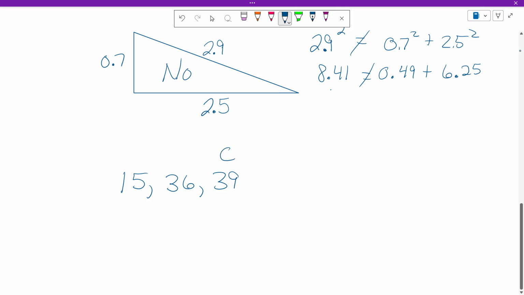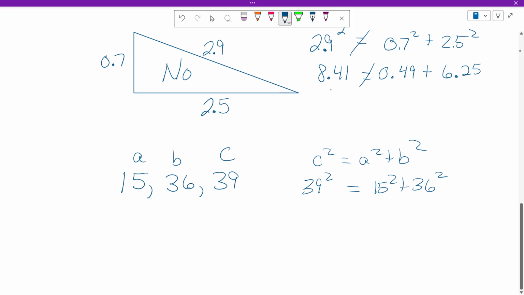C is 39, and it doesn't matter which one is A and which one is B. Okay? C is always the longest side. Always, always, always. So, is C squared equal to A squared plus B squared? Is 39 squared equal to 15 squared plus 36 squared?